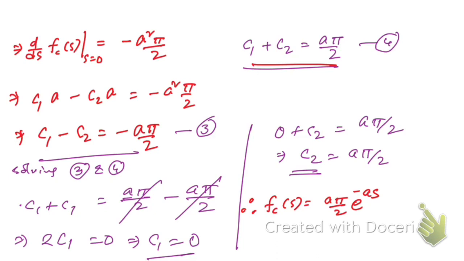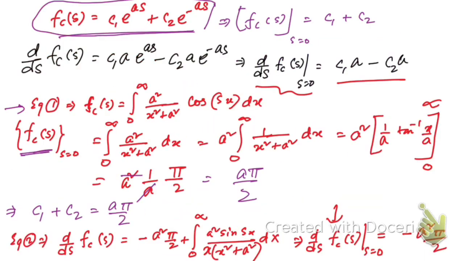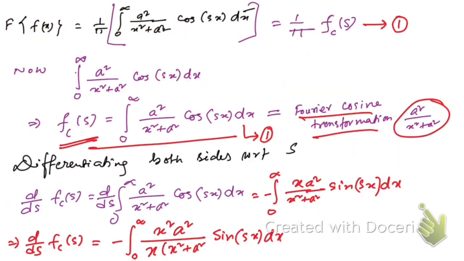Now you see, let me copy this result and let me go to a new slide. So what we have got is this one. So now let's get back to the previous slide. Here you see, I made one more mistake.